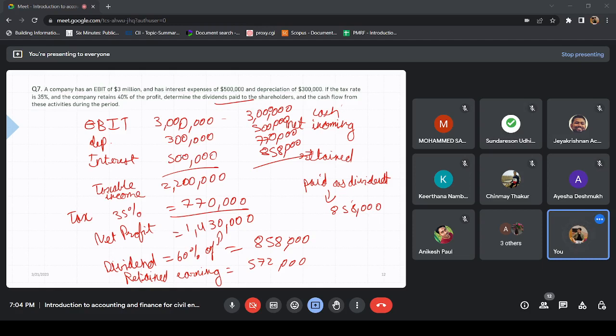So your cash incoming is 872,000, and how much have you retained? 572,000. So you can see that there is some high difference coming, or did I make a mistake again?